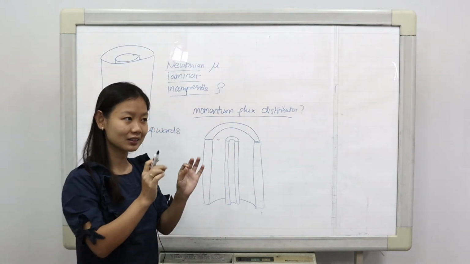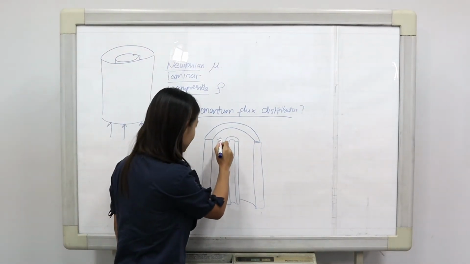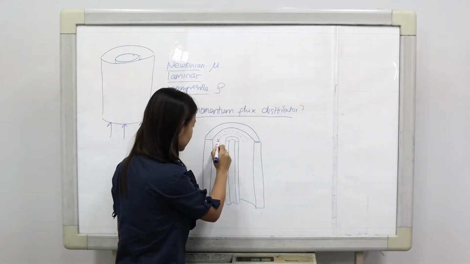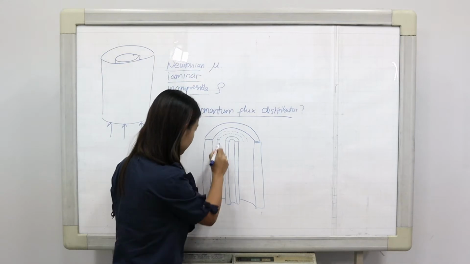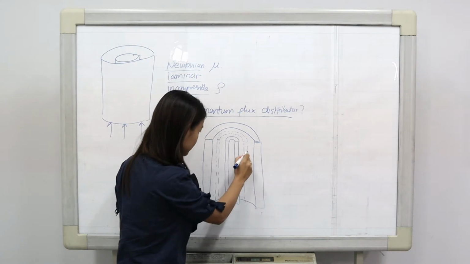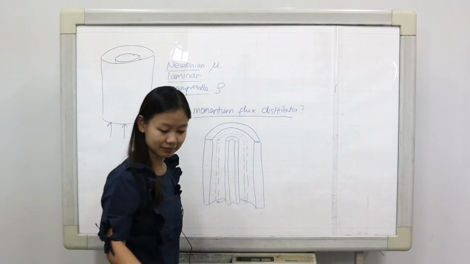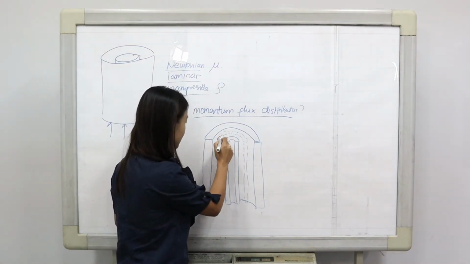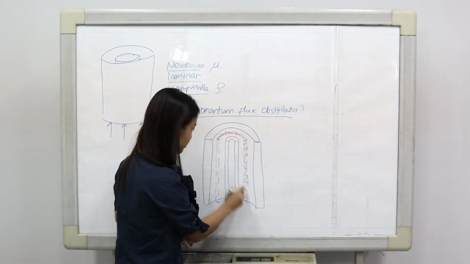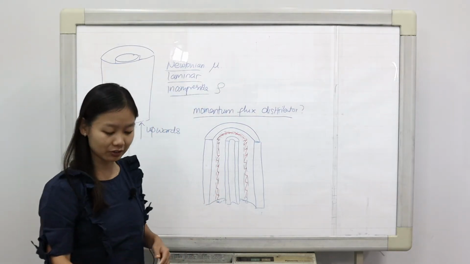The control volume is a thin part of the fluid flow that looks like this. So this is our control volume.